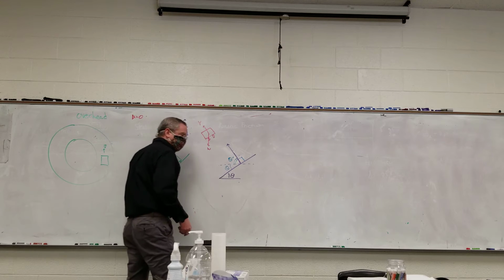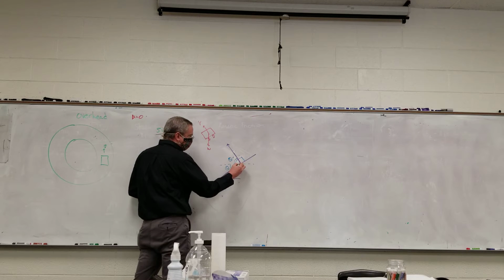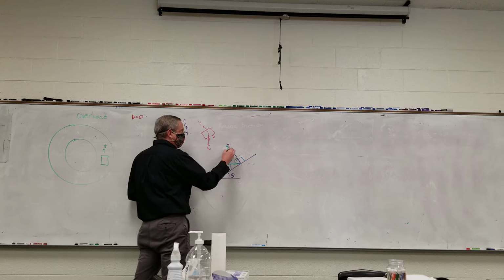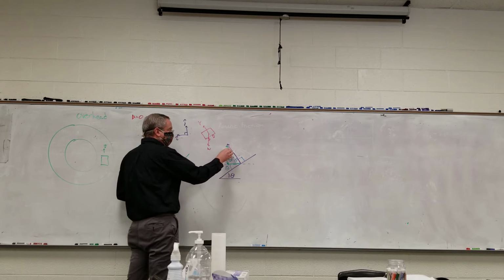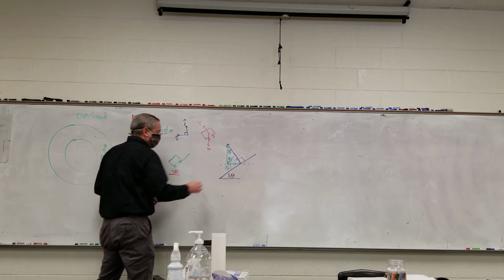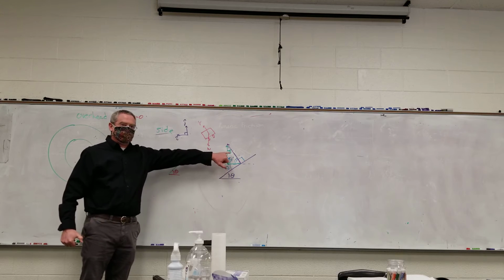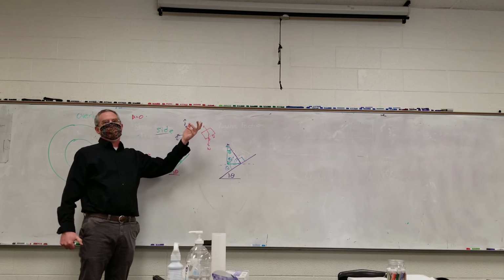So I'm breaking up this lovely vector into perpendicular components: one part in the direction of I and the other part in the direction of J. This angle up here has to be theta, because it's the right angle there. And so my horizontal piece here is opposite theta. Which trig function is associated with opposite?